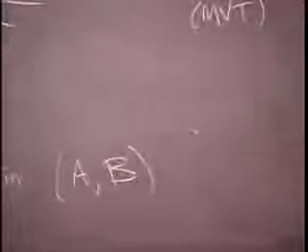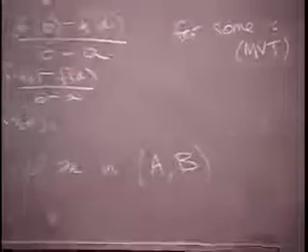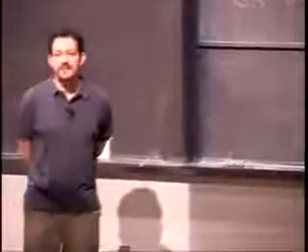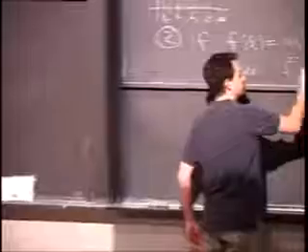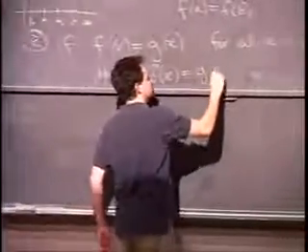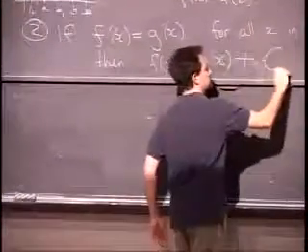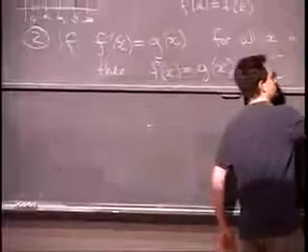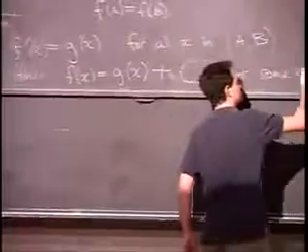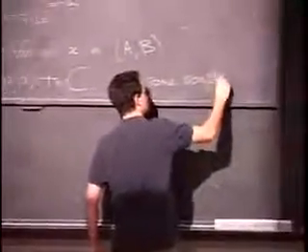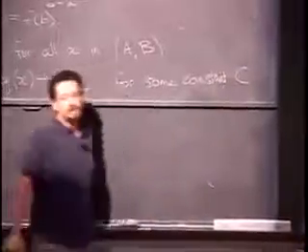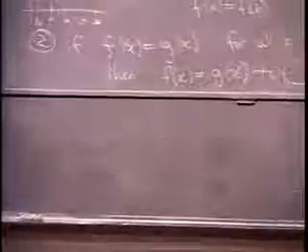They must be parallel. They don't have to be the same function. How do you get two functions to be parallel? You just add a constant. There is a constant c such that f of x is g of x plus c.